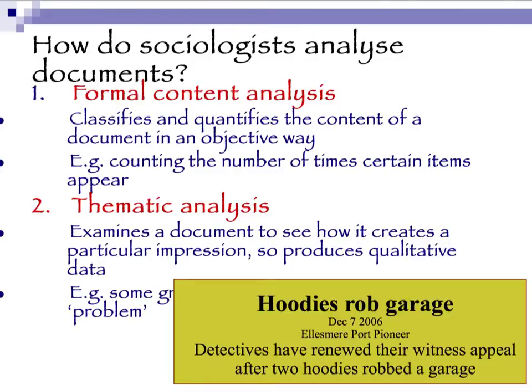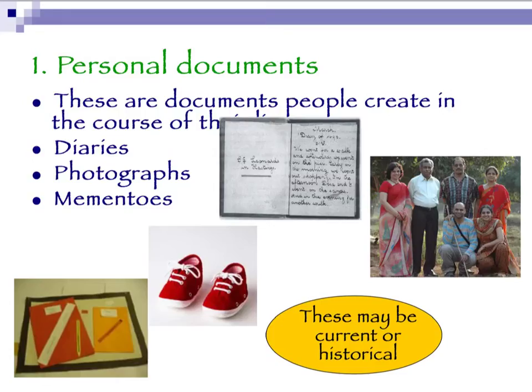The tone of this is clearly trying to create an impression that these people were possibly young, okay, and probably male. You'd associate with hoodies. Clearly, hoodies, the clothing, could never rob a garage, but they're talking about the people wearing them, and they've labelled them in that way, and they're treating them very negatively.